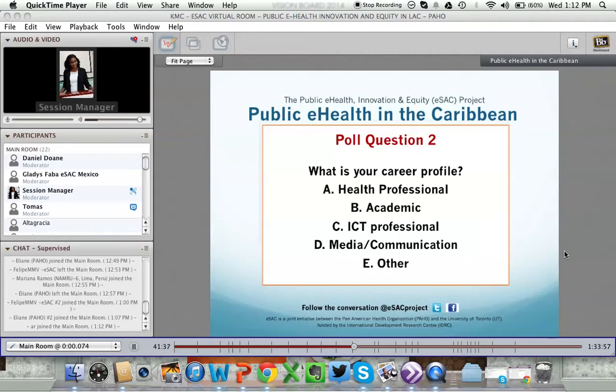So you would choose what is your career profile, whether it's A, health professional, B, academic, C, ICT professional, D, media, communication, and E, other. And for other, we might also surmise that you might be more than one of those categories at a time. You might be a health professional and academic, or a health ICT professional. So for other, we are assuming also that it could be a mix.